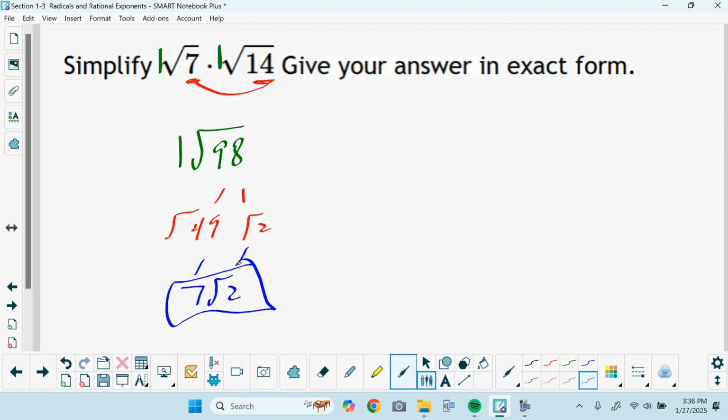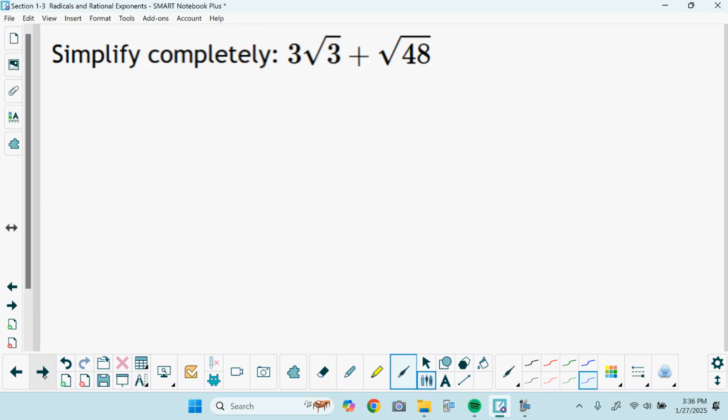Okay. Now, in order to add or subtract, you must have common radicals. And you can see that I have a square root of 3 here and a square root of 48 there. It's good to check each one. I can't simplify the square root of 3 because the number I normally start with is 4, seeing if it's a factor, because 4 is a perfect square.